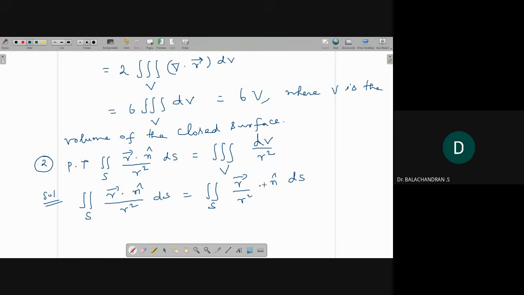This is your F vector. Now this is equal to triple integral over V, using Gauss divergence theorem, of del dot F vector, where F vector is r vector by r square, into dV.